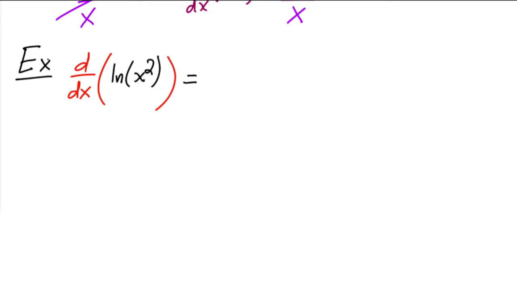So I've got this, which I'll call the inside, and then the outside function is the natural log function. So I get the derivative of the outside, which is simply 1 over x, but since I have x squared here, by the chain rule I'm going to leave the inside alone, and then times the derivative of the inside, which is simply 2x. And notice that this simplifies into 2 over x.